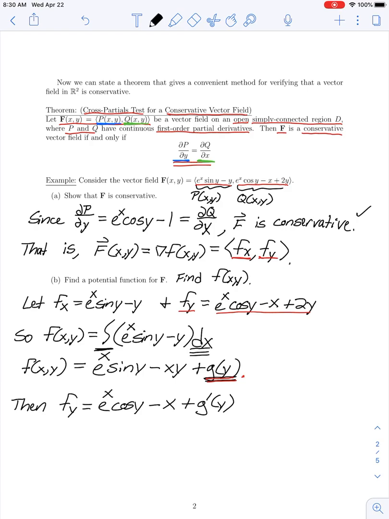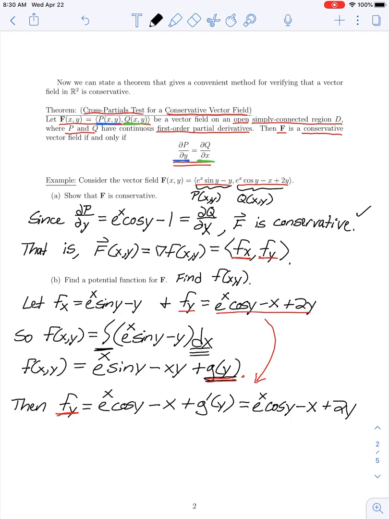And this partial derivative of f with respect to y here better equal the second component of our vector field in order for this to be conservative. So setting this equal to that second component, we have e to the x cosine y minus x plus 2y.